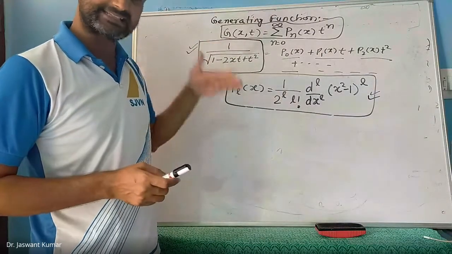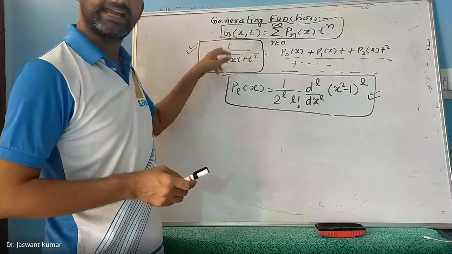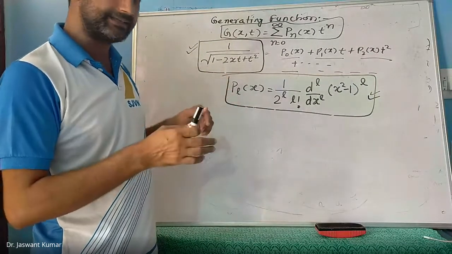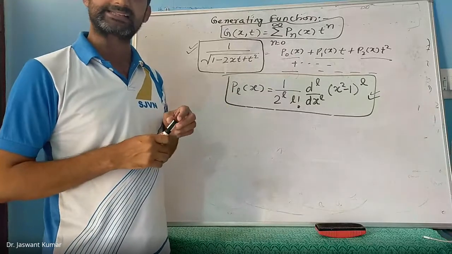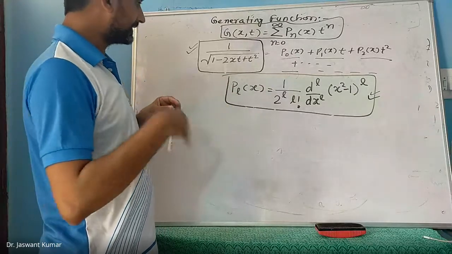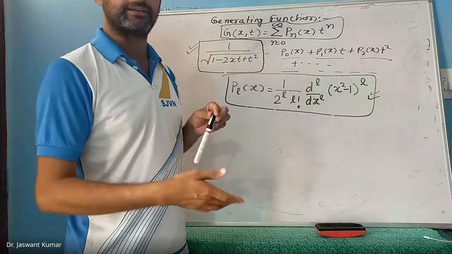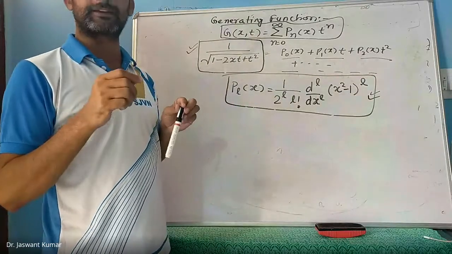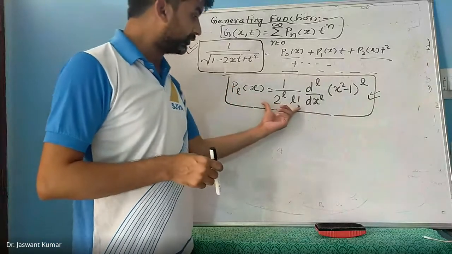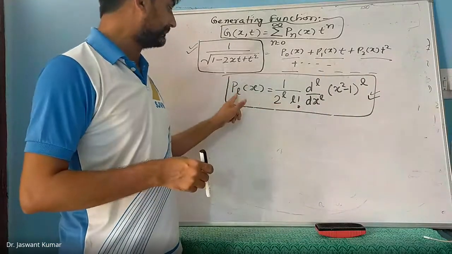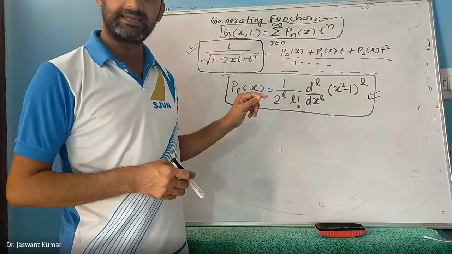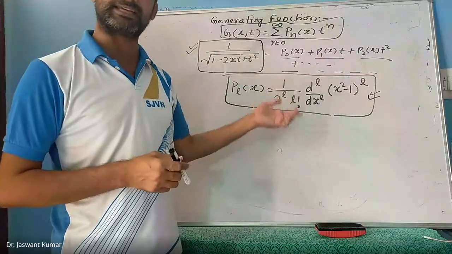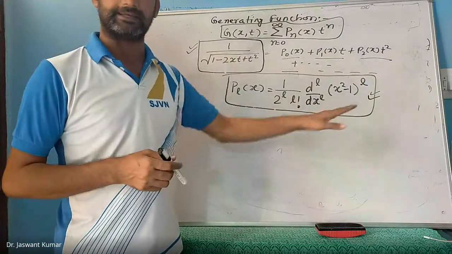The next thing that we did is that we took the time derivative and the space derivative of this generating function. And then we derived something that is known as the recursion relation. The physical significance of the recursion relation was that we do not need to remember this formula to calculate PL of x anymore. With some knowledge of P0 of x and P1 of x, we can actually calculate what P2 of x will be.